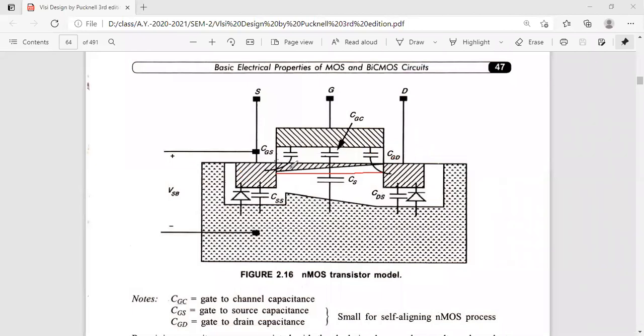But after the transistor gets operated with high input voltages, later the channel will be pinched off at the drain region. That's the reason why the channel is looking like this. The channel is disappearing at the drain. You can see here the channel is disappearing at the drain.